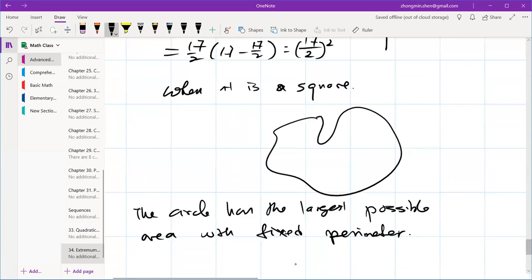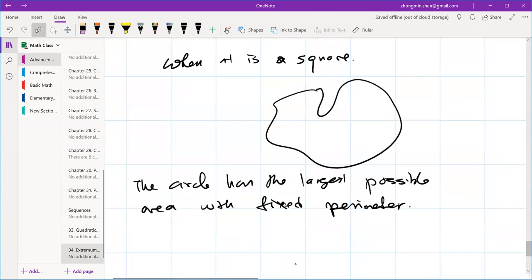When they stop someplace and stay there for a few weeks, they build a house quickly. Then they want to have the largest possible area with a limited material. So remember that if there's no restriction on the shape of the region, then the circle has the largest area for the fixed perimeter.